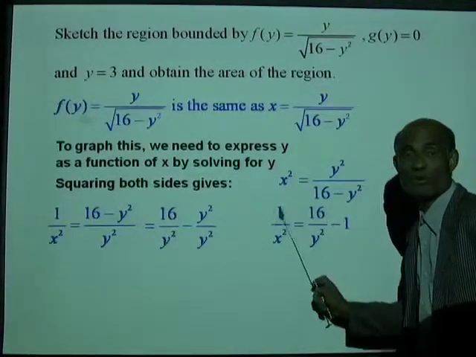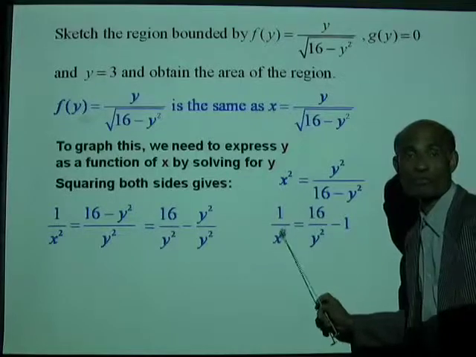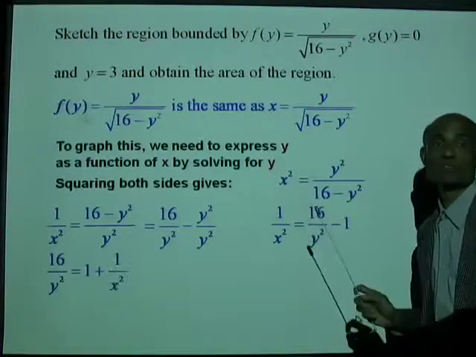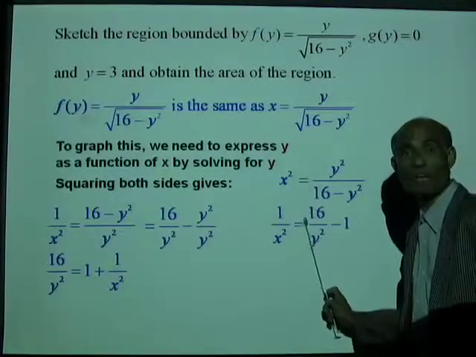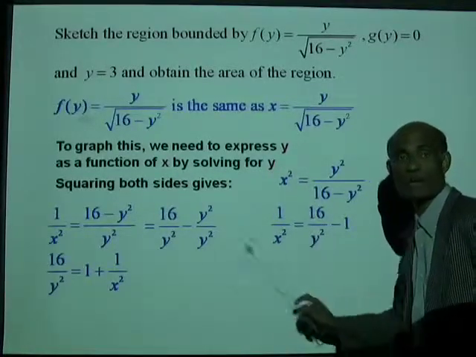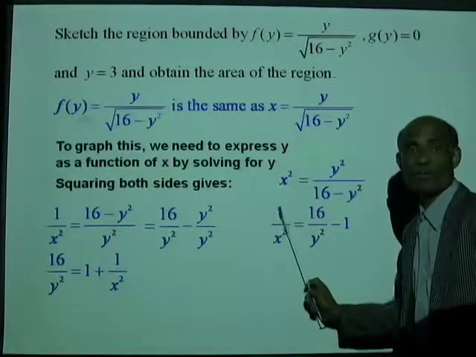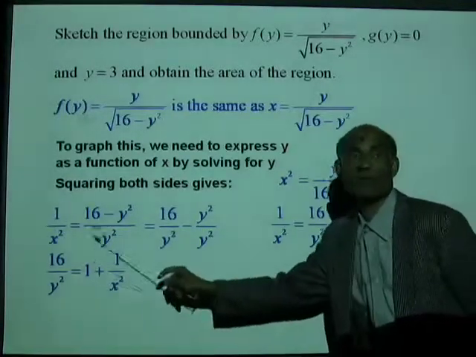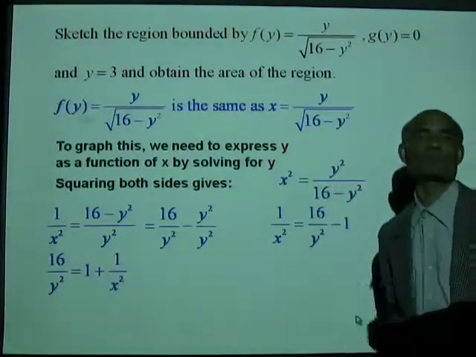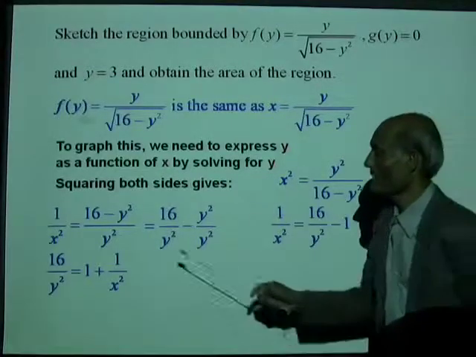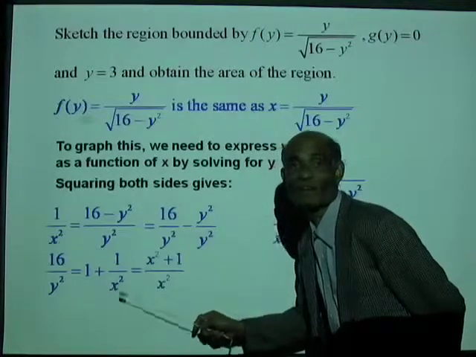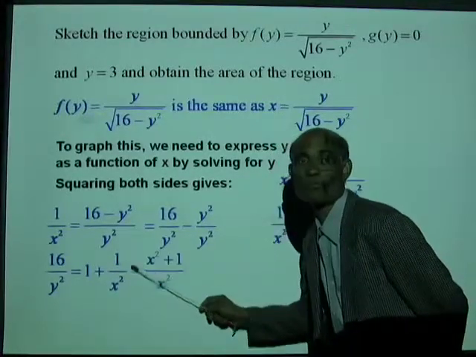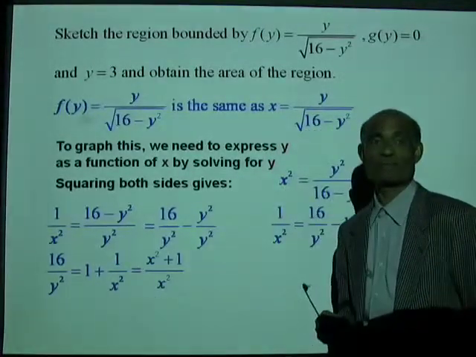It'll give you 1 over x squared plus 1 equal to 16 over y squared, or we can write 16 over y squared equal to 1 over x squared plus 1, or 1 plus 1 over x squared. They're all the same. And now let's simplify this. 1 plus 1 over x squared is x squared plus 1 over x squared.